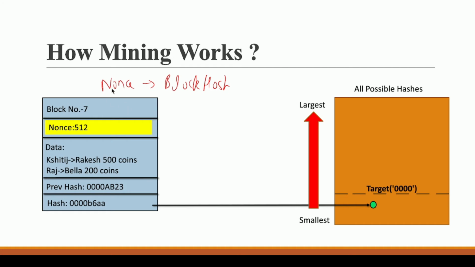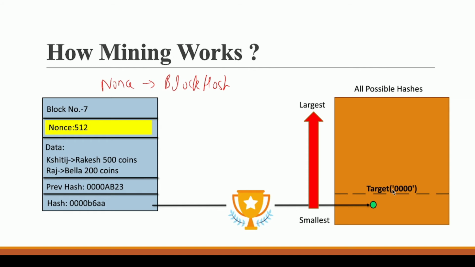Now he has produced a block hash which is below this target, so this miner has solved the mathematical problem and he will be rewarded with a cryptocurrency. If we're talking about Bitcoin, he will be awarded with Bitcoin.